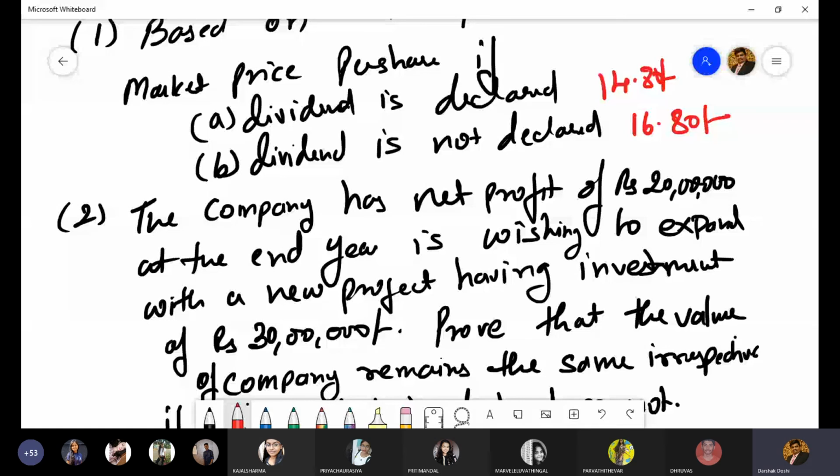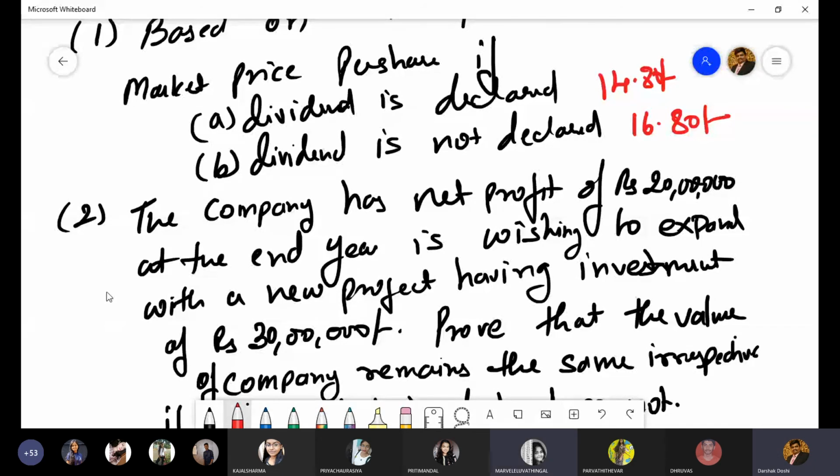Did you get number of shares? I need two things from you now. I want number of shares when dividend is declared and number of shares when dividend is not declared.